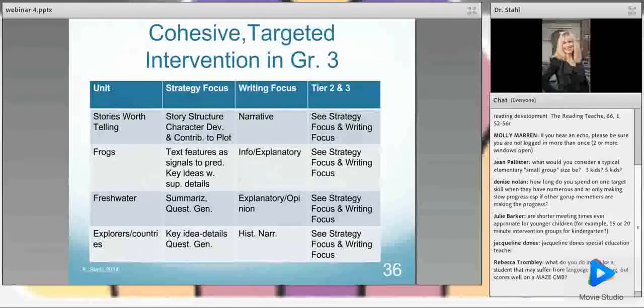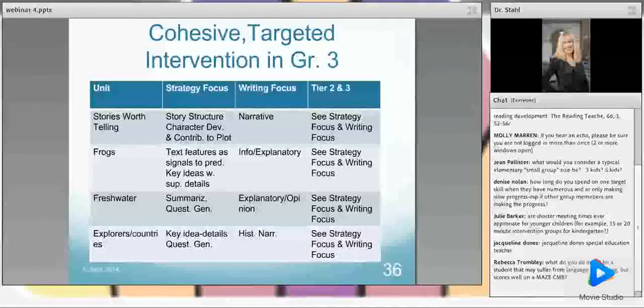So let's take a look at how a targeted intervention would look in grade 3. Okay, so in Tier 1, this is a classroom. This is a map of a set of units. It's the first few months of a grade 3 classroom of a school that I worked with up in the Bronx.